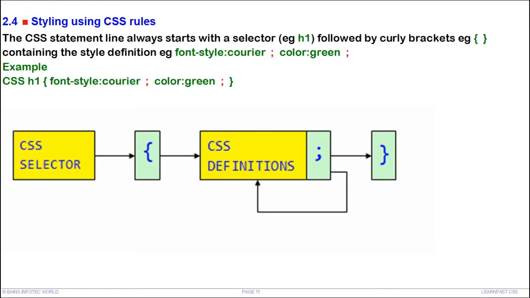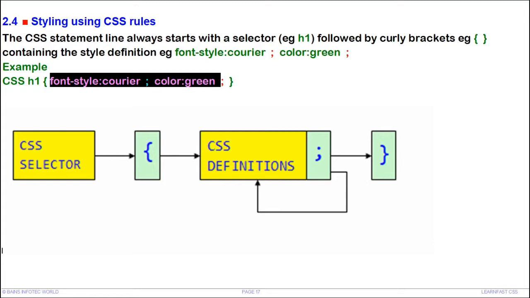Moving on to section 2.4, styling using CSS rules. The CSS statement line always starts with a selector, followed by curly brackets containing the styling definitions or rules that we want to apply. For example, in CSS we can have h1 as our heading 1 tag, open brackets, close brackets, and in between we have our styling rules.